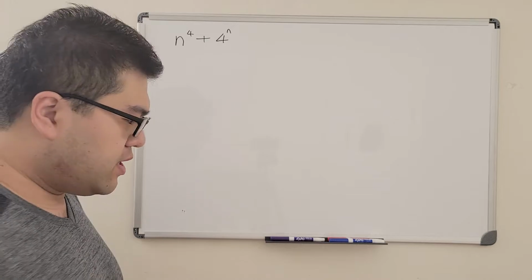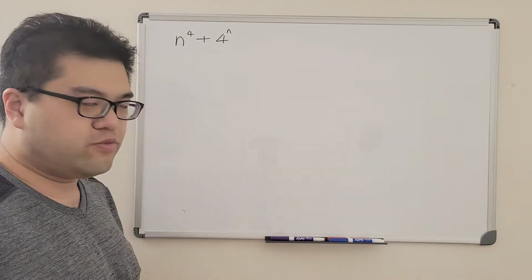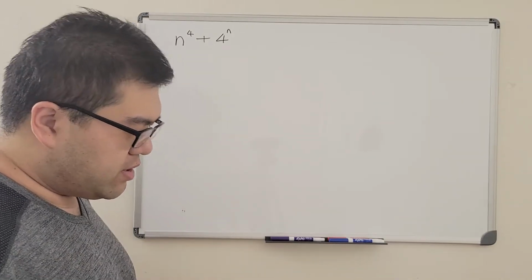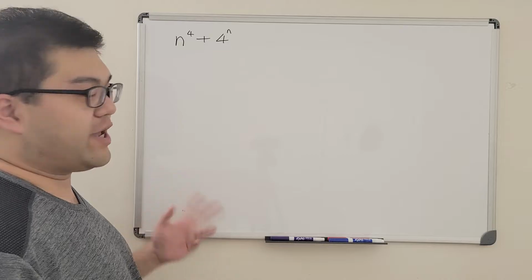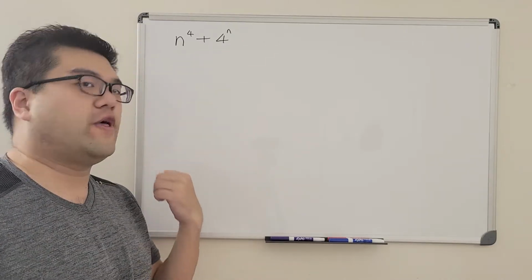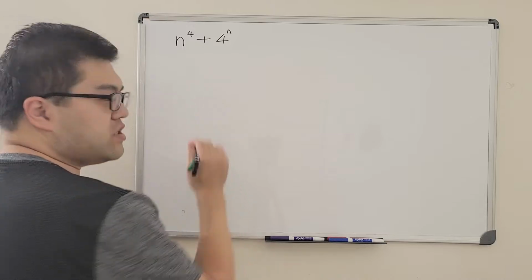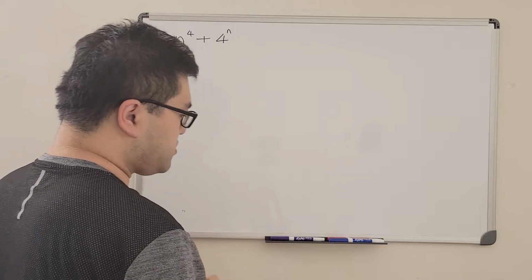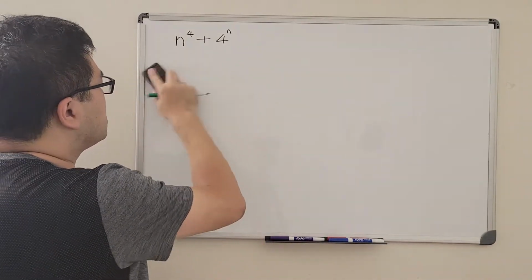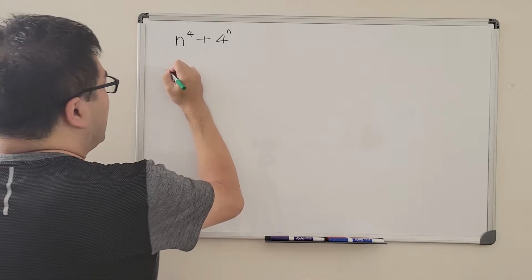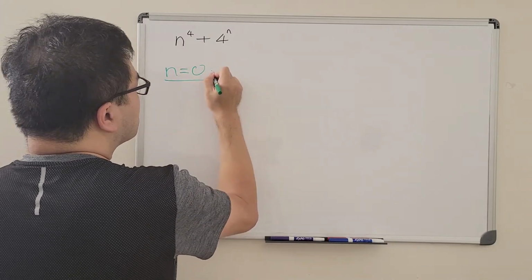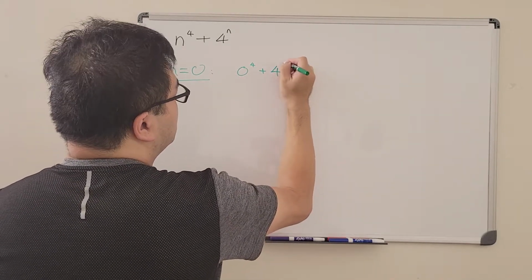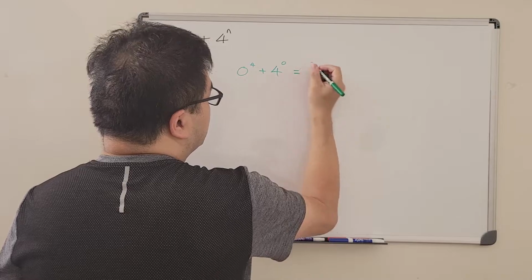Okay, so let's try to find some numbers and observe if there are any patterns. Regardless of whether we include 0 or not, we'll end up with the same result. So let's start with the n equals 0 case. If n equals 0, we get 0 to the fourth power plus 4 to the 0th power, which is equal to 1.